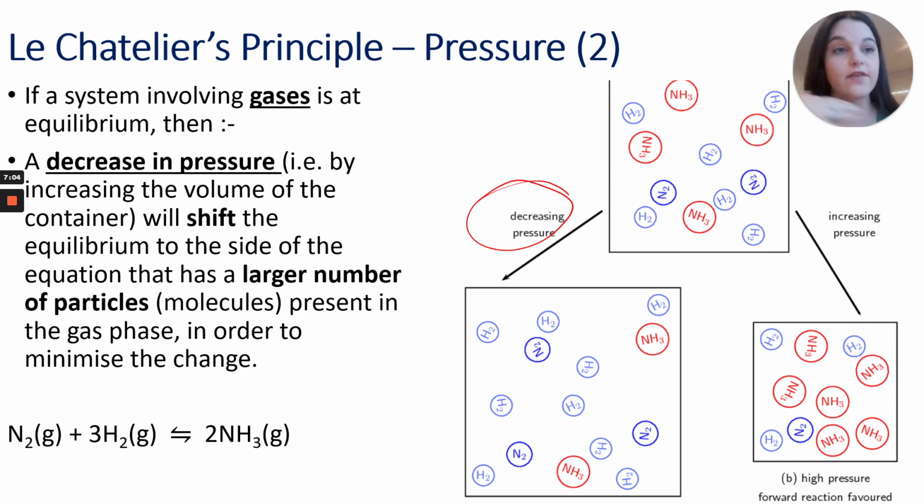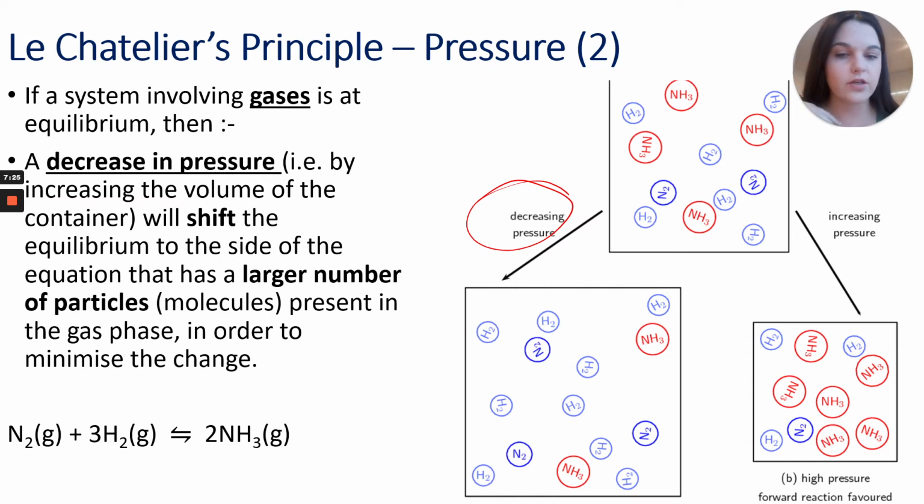So in this case, if you decrease the pressure, the system responds to minimize the change, and it's going to do this by favoring the reaction direction that makes more moles of gas in order to increase the pressure again, to return to its equilibrium state.